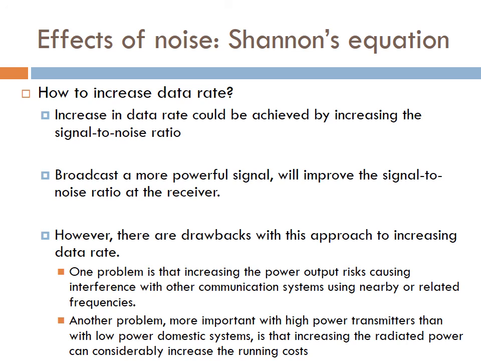However, there are drawbacks with this approach. One problem is that increasing the power output risks causing interference with other communication systems using nearby or related frequencies. Another problem, more important with high power transmitters than with low power domestic systems, is that increasing the radiated power can considerably increase the running cost.